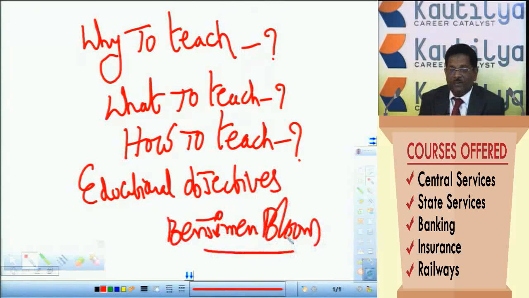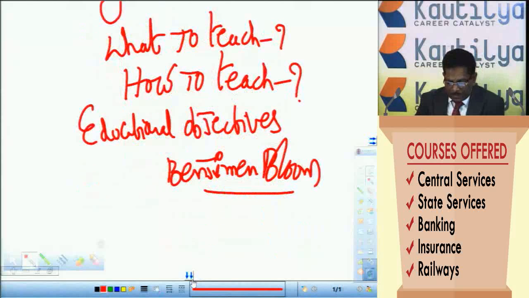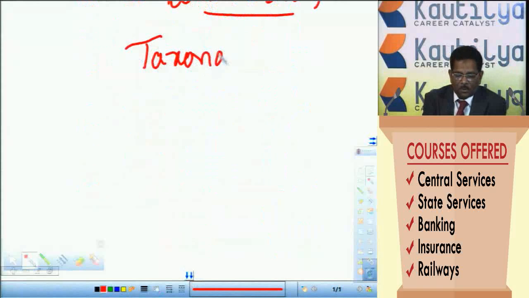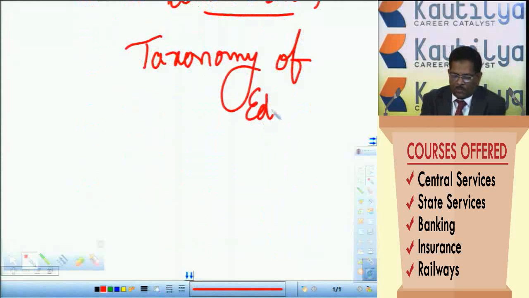So he divided all these educational objectives into three fundamental categories. What are the three fundamental categories as bifurcated by Benjamin Bloom in the taxonomy of educational objectives?